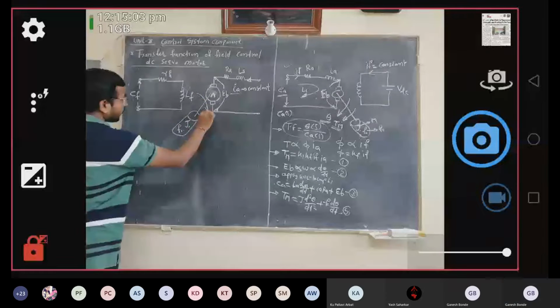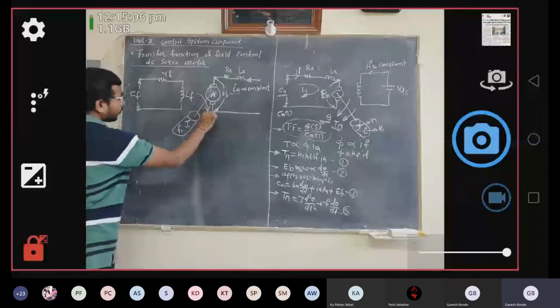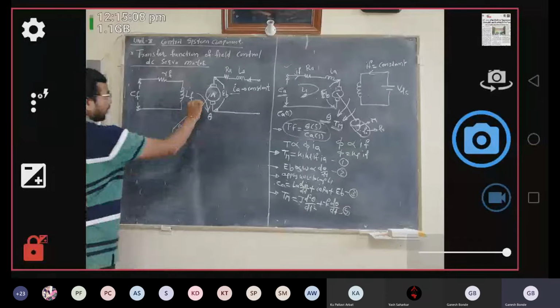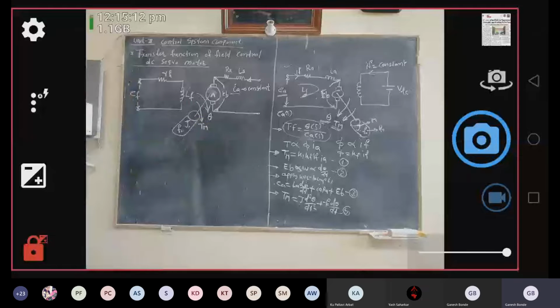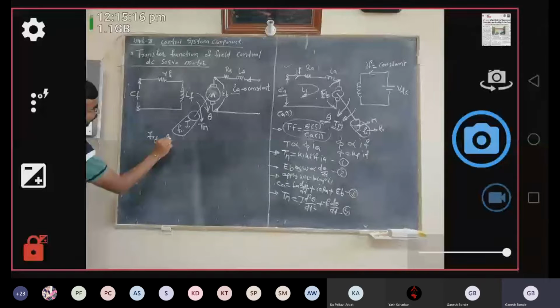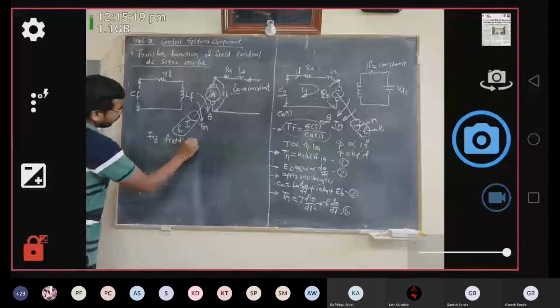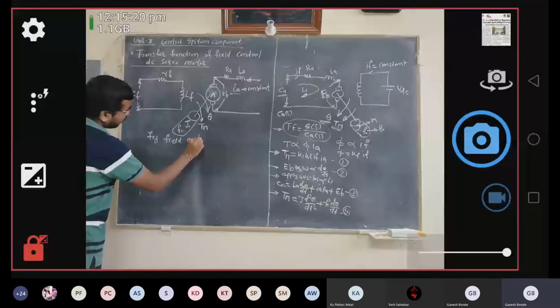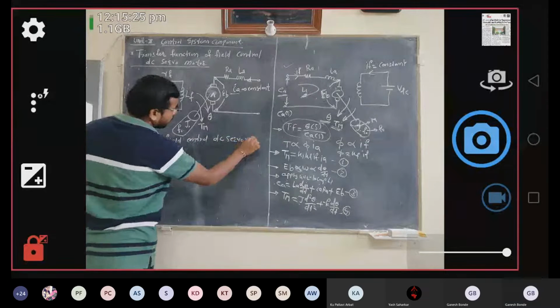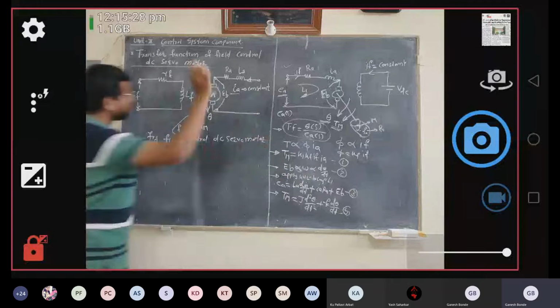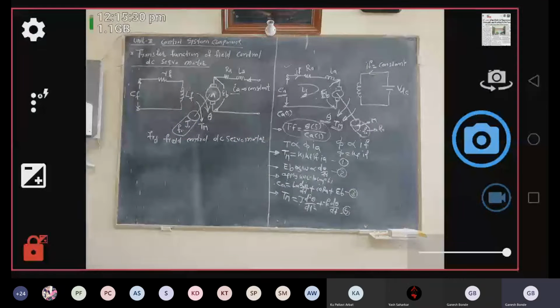Let's say this is the angular displacement theta, and this is the motor torque TM. Give a figure name to this figure: field control DC servo motor. Please draw this diagram. If you have any doubt, please ask me.